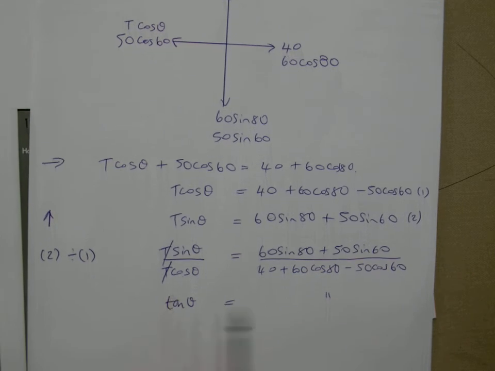I'm not going to write it out again. To get theta, I need to take the tan over to the other side and do tan to the minus 1 of it. So I'm going to do all that in one go.